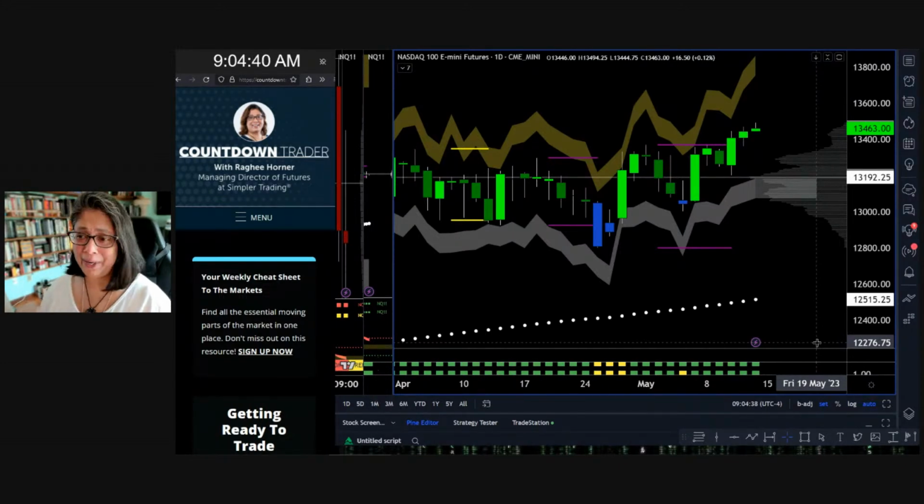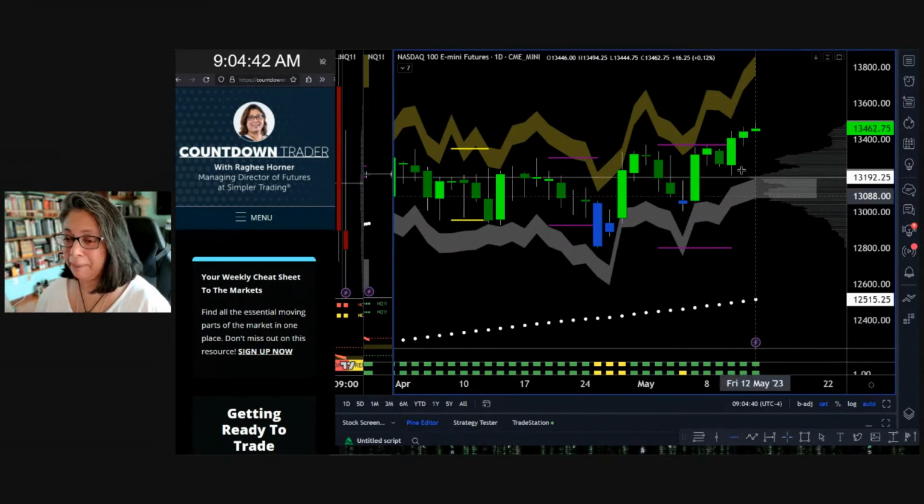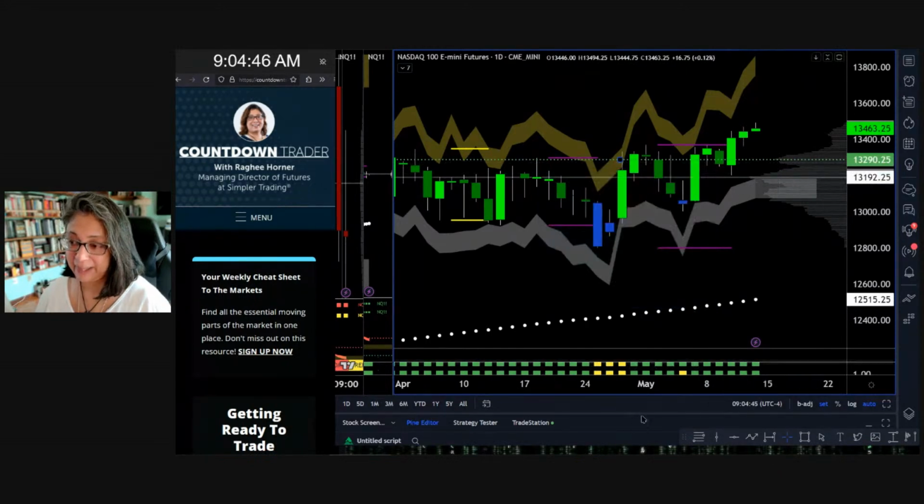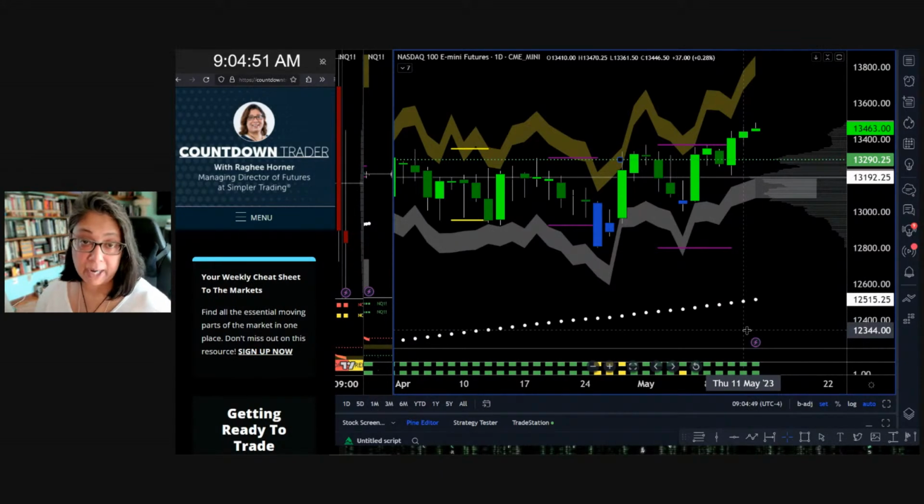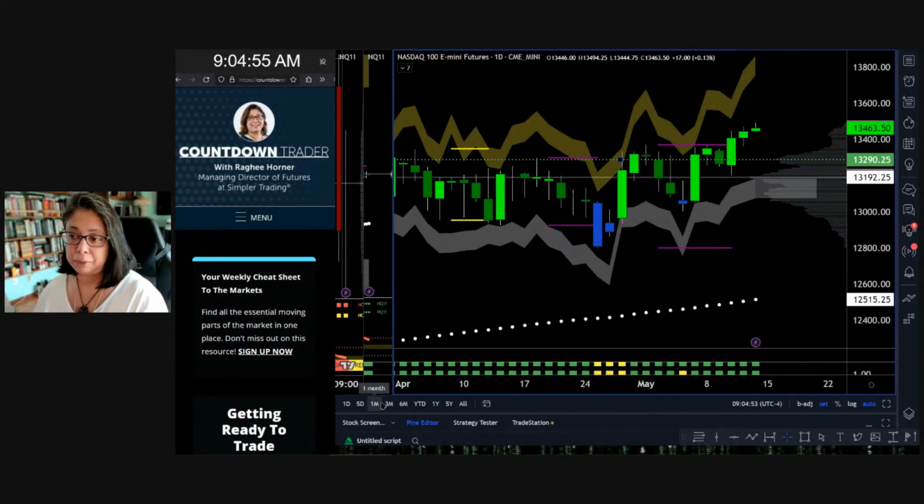I sure hope so, because it's pullbacks that'll give us an opportunity to either buy at volume ledges, like that green line there, or at the point of control, or the daily price movement range volatility support that waits underneath. And again, I'm anchoring everything at this point from a different kind of view, a more short-term view as to what we are seeing this quarter.